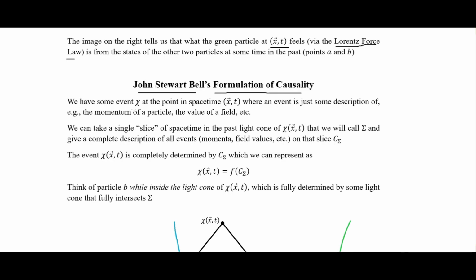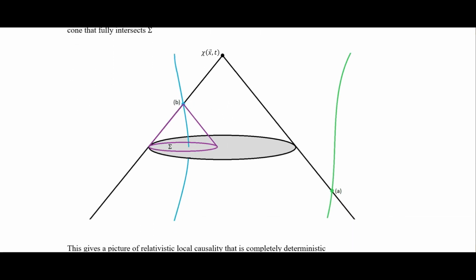We have some event chi here at the point in space-time x, t, where an event is just some description of something at that point. So it's maybe the momentum of a particle or the value of a field or something like that. We can take a slice of space-time in the past light cone of chi at this point in space-time that we will call sigma here. So it looks kind of like this.